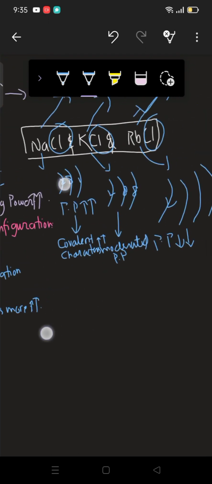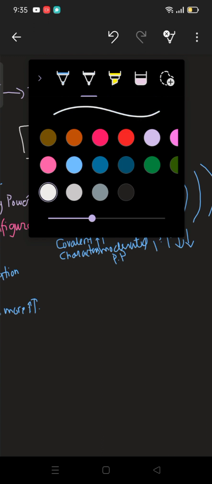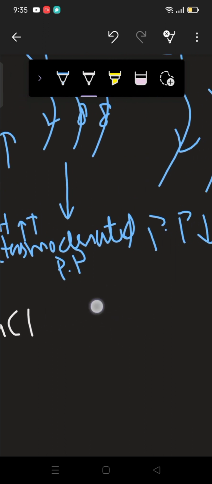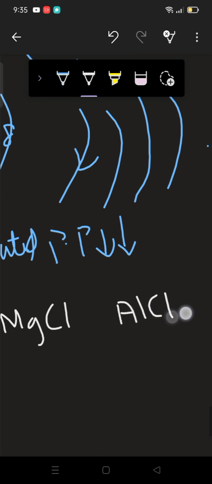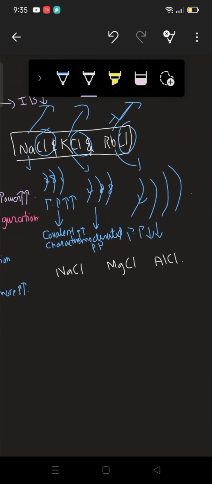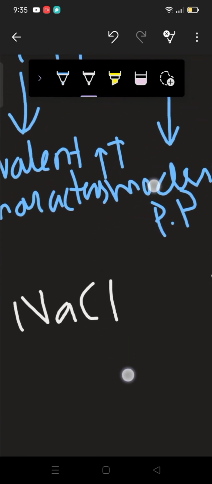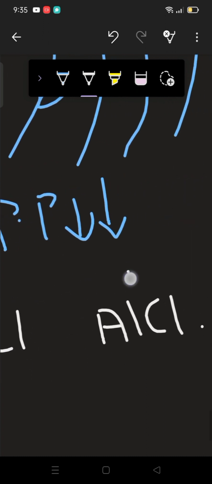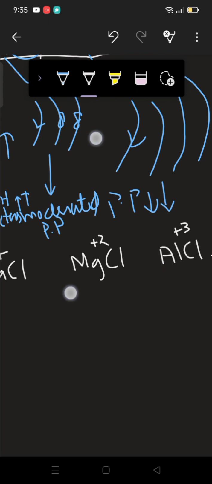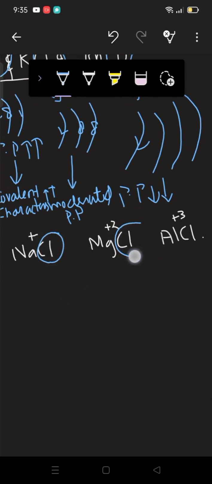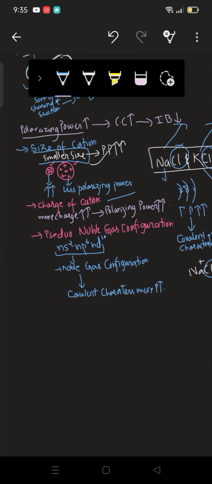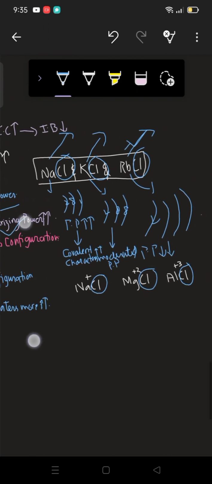Now let's talk about charge. See, we have NaCl, MgCl2, and AlCl3, aluminum chloride. Na has one positive charge, magnesium has positive 2 charge, and aluminum has positive 3 charge. Initially see the anion: the anion is the same in all three compounds. Now the more charge there is, the more polarizing power there will be.